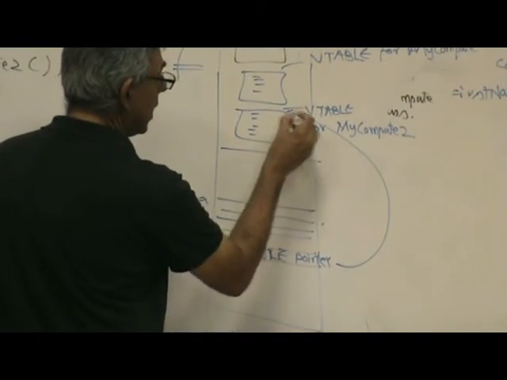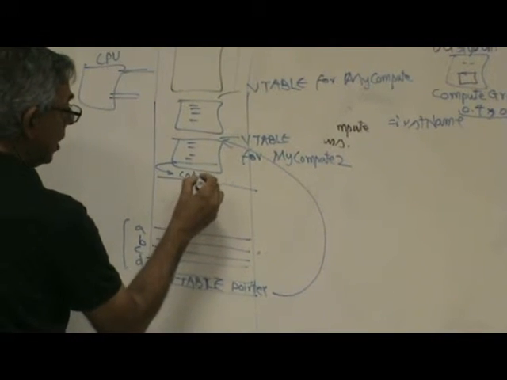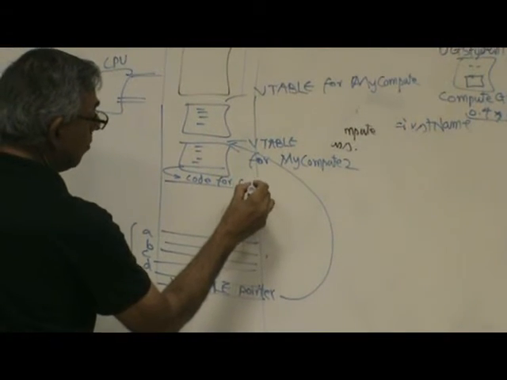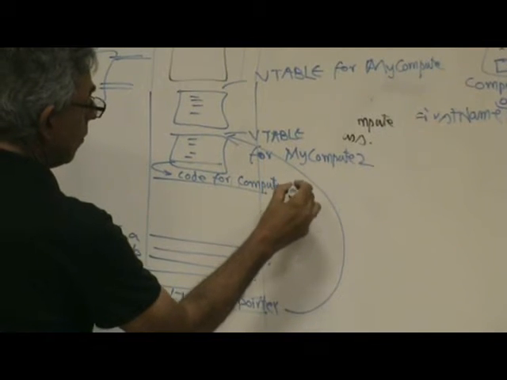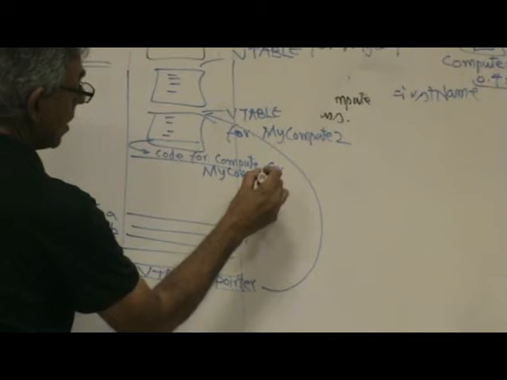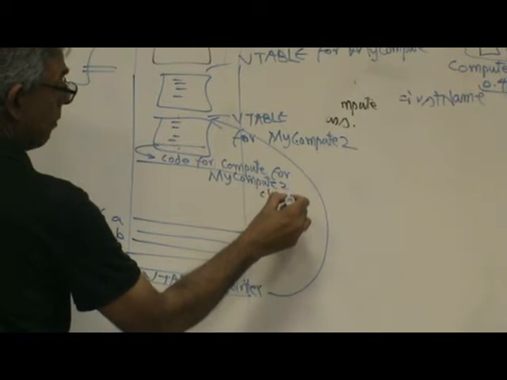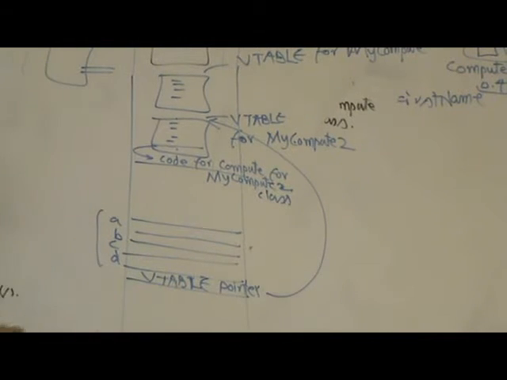To this one, right? And the last entry over here will point to the code for compute for the MyCompute2 class, correct? Because this vtable is for MyCompute2, correct?